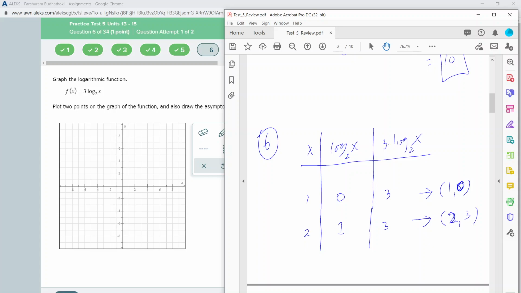We know for the log function, the vertical asymptote is x equal to 0, and here we're just multiplying that function by 3, so we are not shifting the graph of log base 2 of x to the left or to the right. So the vertical asymptote for this graph would also be x equal to 0.